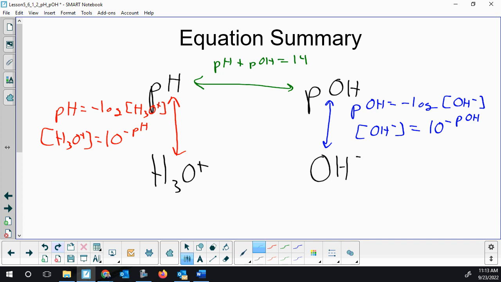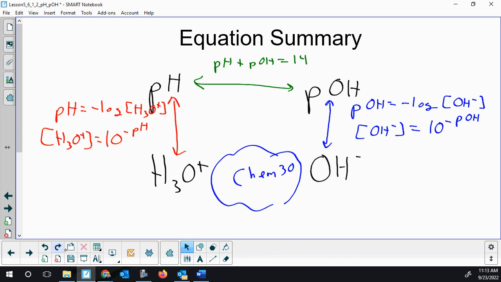The bottom, I have to leave blank right now. I know the answer. I'll tell you next year when you do Chem 30 equilibrium, we'll fill in that relationship, but we're just not there yet. So as a 20, you can't skirt across the bottom. You'd have to go all the way around the red, the green, and the blue to go from hydronium all the way to hydroxide. Where sadly, you could do it in one step if I was going to tell you how to do it.